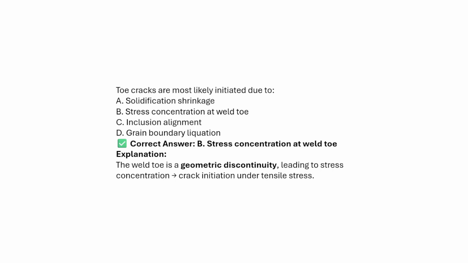Okay. Next, toe cracking is most likely initiated due to: A, solidification shrinkage, B, stress concentration at the weld toe, C, inclusion alignment, D, grain boundary liquation. So what will the answer be? It will be stress concentration at the weld toe. Cracks form because the stress value exceeds the material's ultimate tensile stress value.